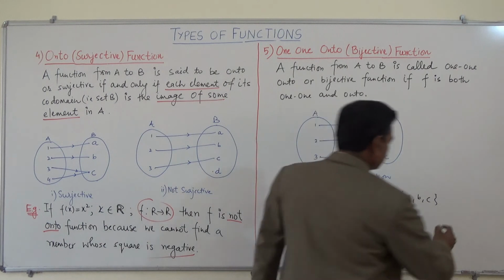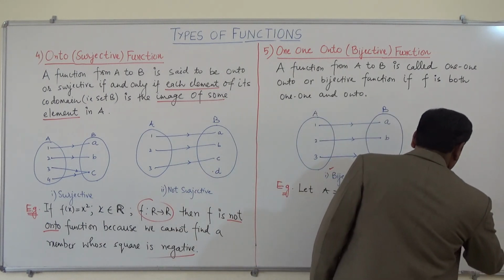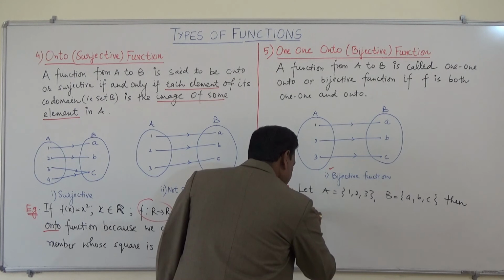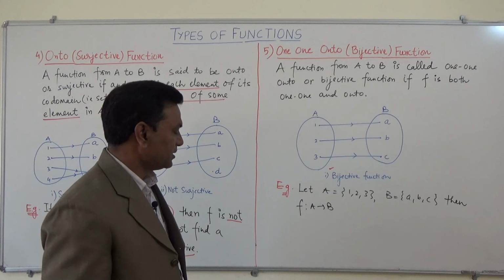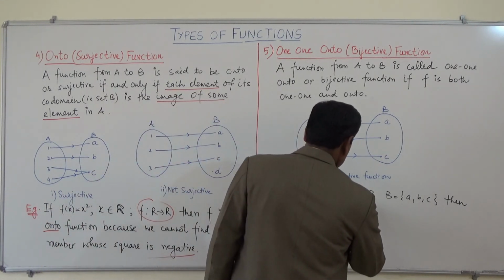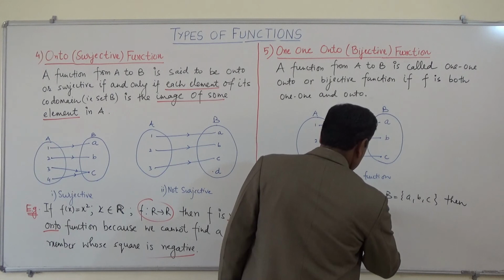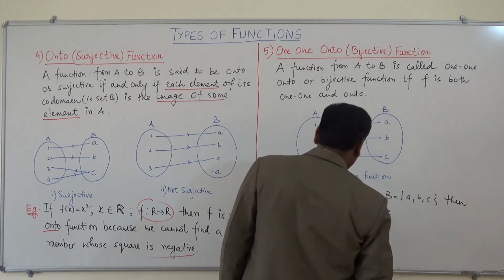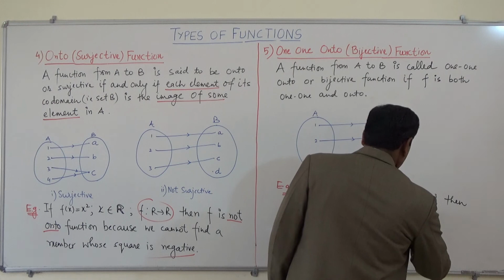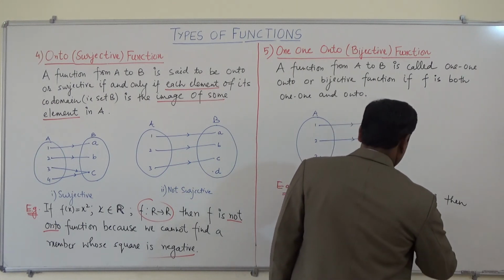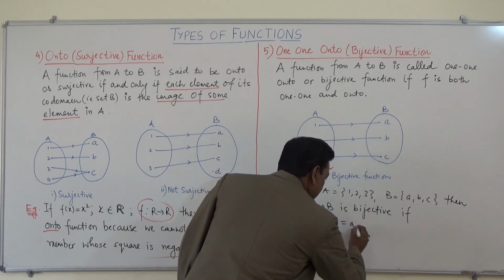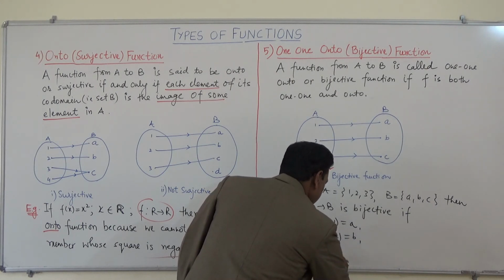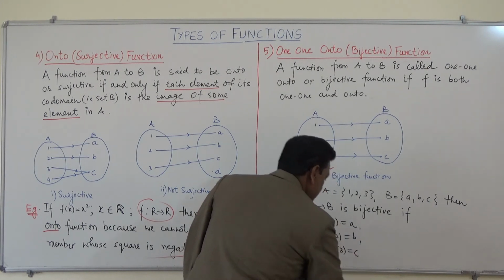Then a function from A to B is bijective if f(1) is a, f(2) is b and f(3) is c.